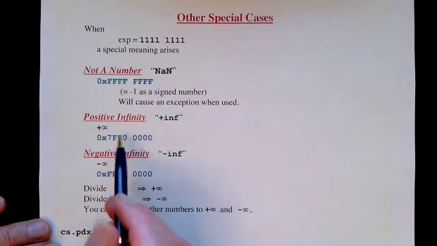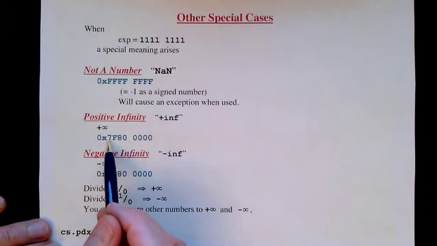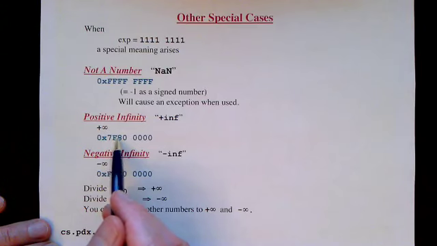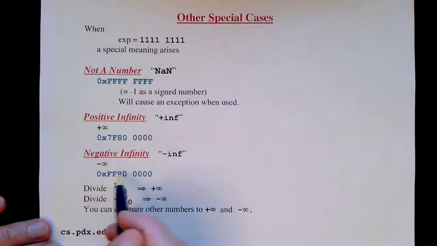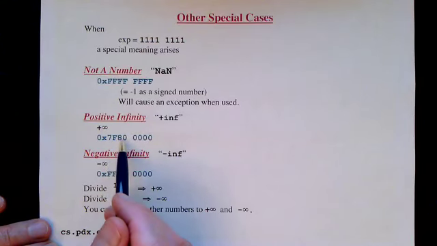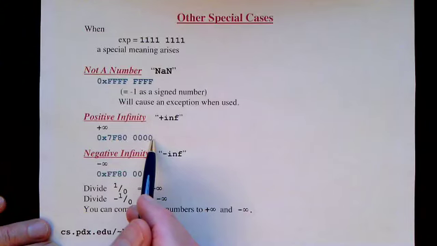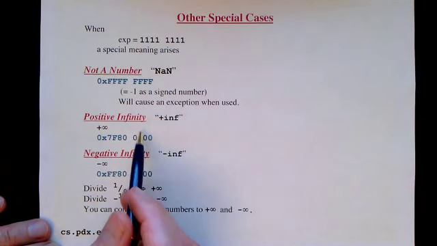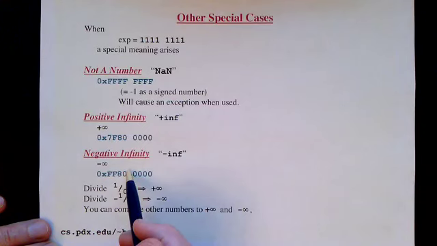So if the exponent is all ones and the sign bit is 0, note this is a 7, followed by 3 ones here, 4 ones there, and 1 more 1. In other words, 8 1 bits. And here's the same number, only the sign bit is negative, and the fractional portion is all zeros.